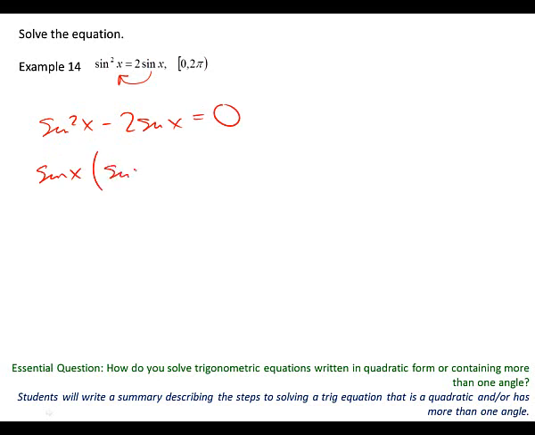So we're left with sine x minus 2 equals 0. All right. And we've got to do zero product property again. So sine x equals 0 and sine x minus 2 equals 0.